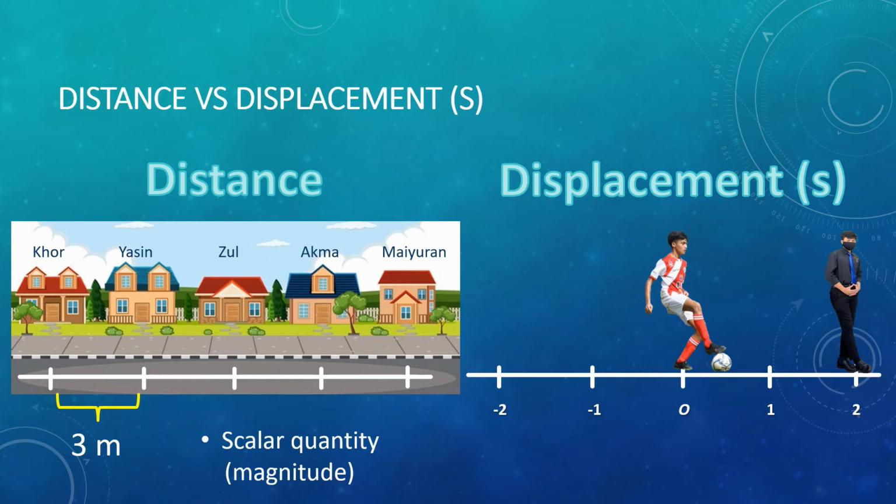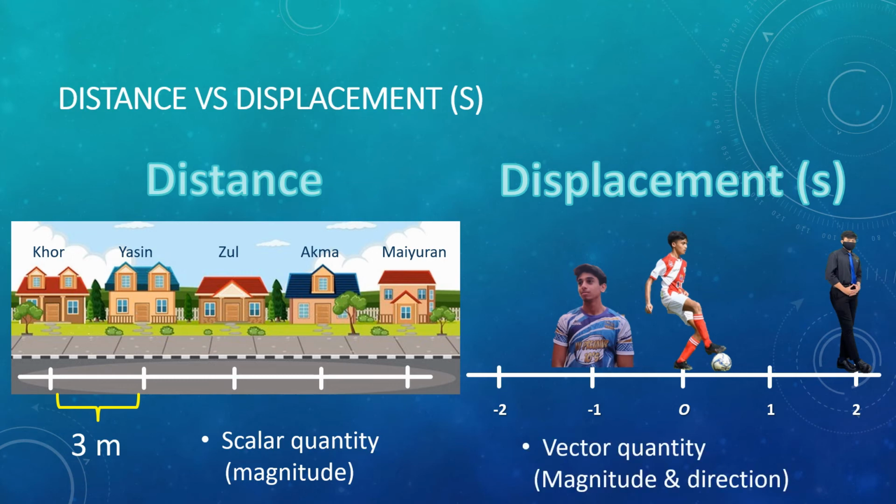The answer is positive as it is located on the right hand side. Now, Leonard's position is on the left hand side of the fixed point O. Therefore, it is negative 1 meter.